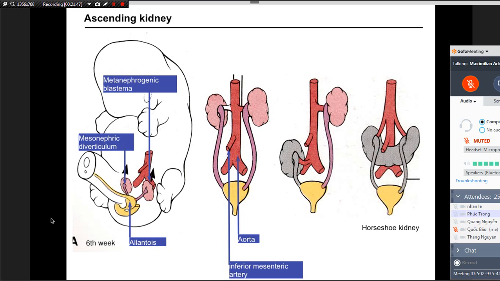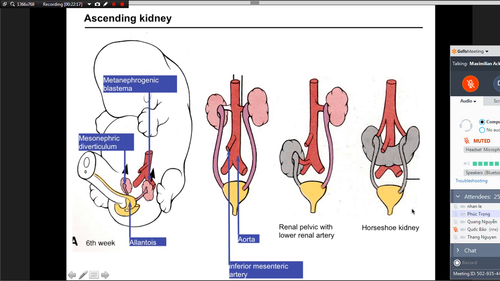It could happen that if you have a misascending of the kidneys, they miss their position and their location. So it could happen that the kidney is just attached to the lower renal artery, which you see here. Or it could happen that they have a fusion and then they are blocked by the superior mesenteric artery.